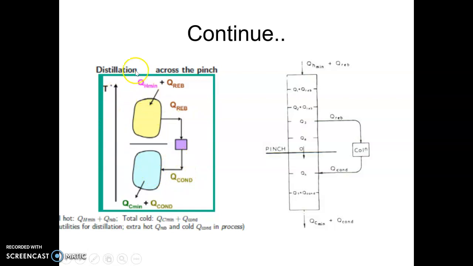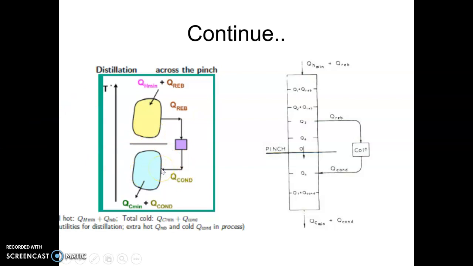So overall, the process releases some amount of energy, gives it to the distillation column, and it gives back the energy to the process. However, what happens is that the reboiler duty of the distillation column is shifted to the process, and the condenser duty is also shifted to the process.